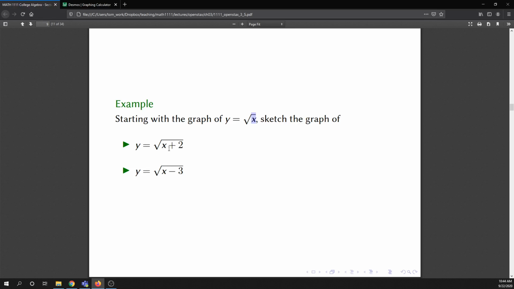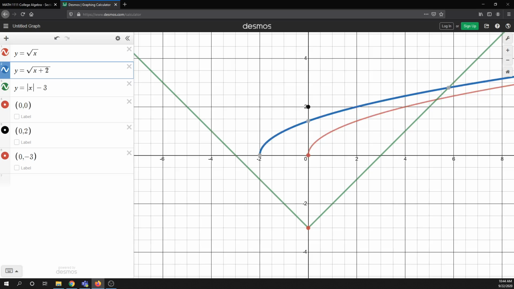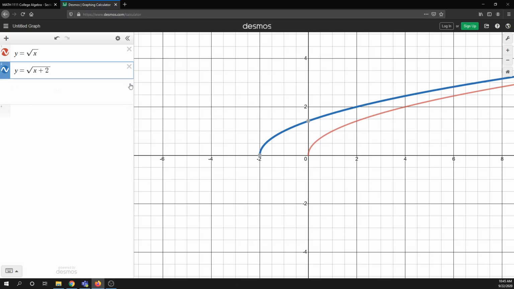In this case, it's written as x plus a number. Remember what I said is that this will shift the graph to the left. So this graph, y equals square root of x plus 2, gets shifted 2 units to the left.